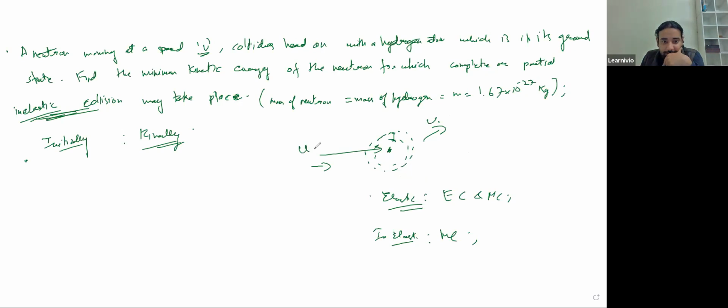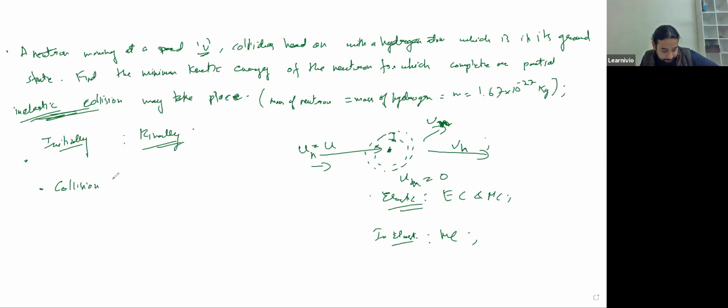So you have u of the neutron and u for the atom, let's call it uH for hydrogen. This is 0 and this is some u. And you have v for the neutron, the final velocity of the neutron, and let's say the atom goes in this direction with some final velocity of the hydrogen atom, vH. This n and h will look exactly the same, so be careful.